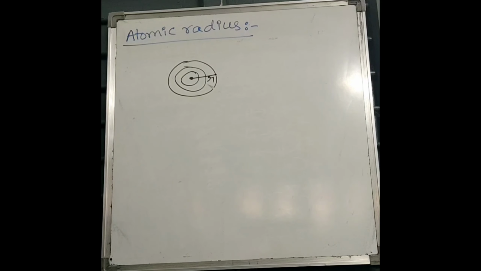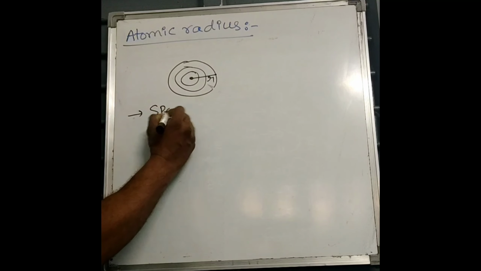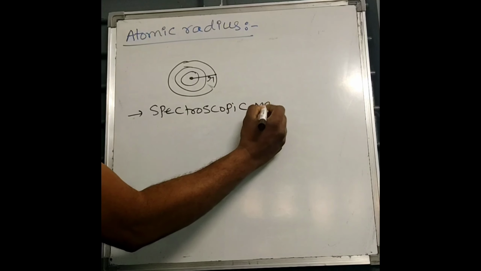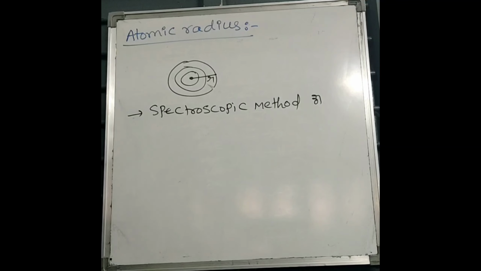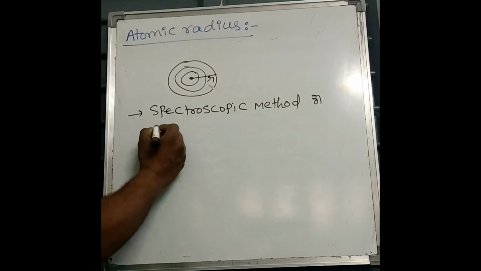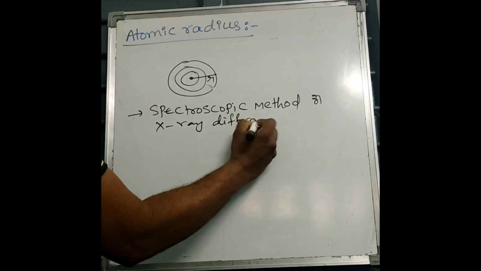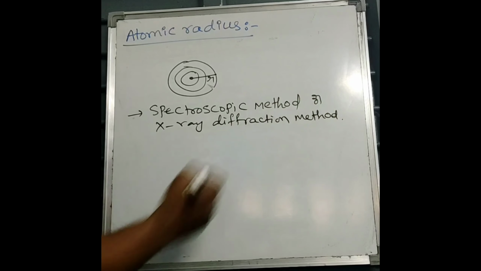And atomic radius can be determined by the spectroscopic method or the X-ray diffraction method. What is atomic radius?